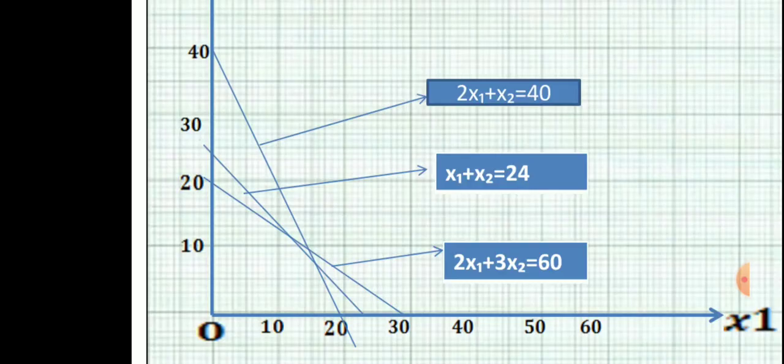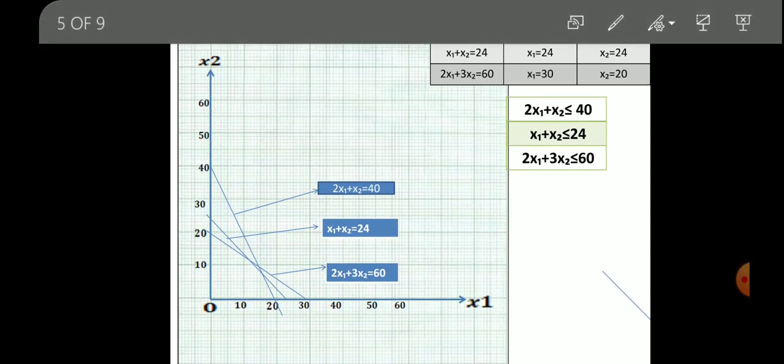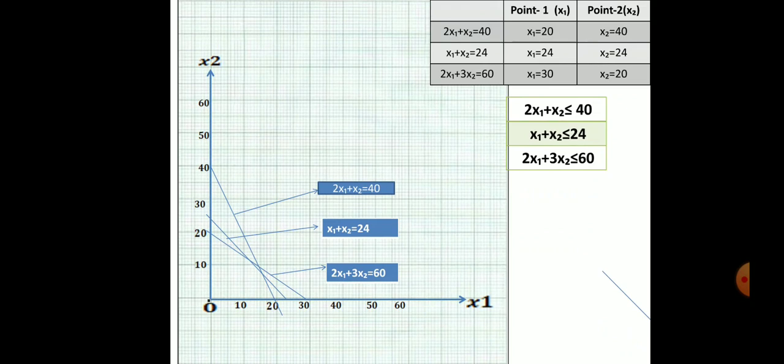So we have drawn three lines, and the feasible region should be less than those lines. Compared to all three lines, 0 is the least point. So first we have to find that.